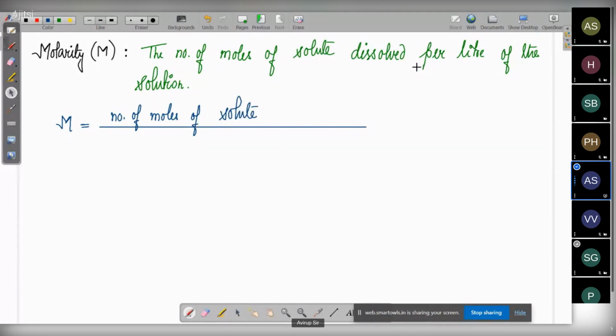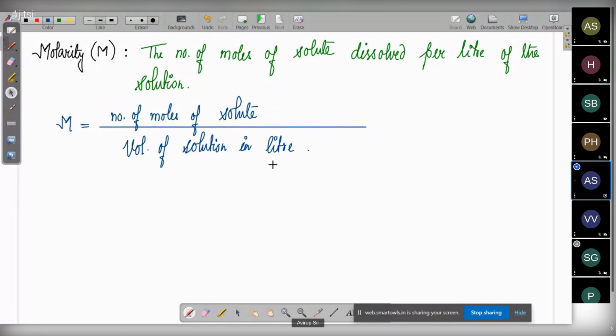And in the denominator we have the volume of solution in liter, because it says dissolved per liter of the solution. So this is the formula for molarity: number of moles of solute divided by volume of solution in liter.